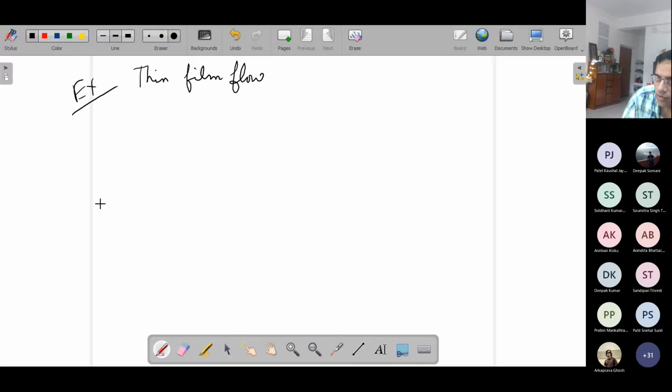So again, instead of being hypothetical, I will give you a practical scenario. Let us say there is an inclined plane, maybe a surface which is inclined to the horizontal with an angle theta, and G is acting vertically downwards. Very common mechanics problem that all of you have solved.